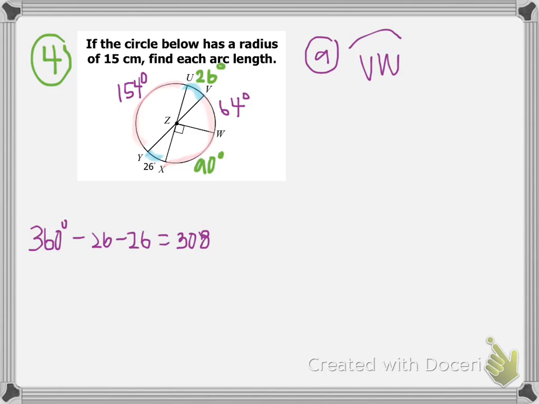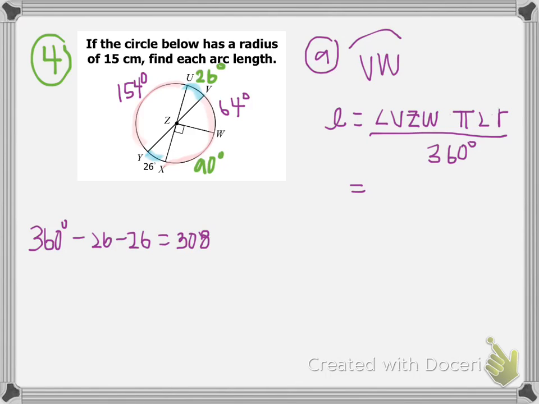Okay, so the arc length for VW, remember, it's going to be your angle measurement of VZW, times pi times 2r, all over 360.